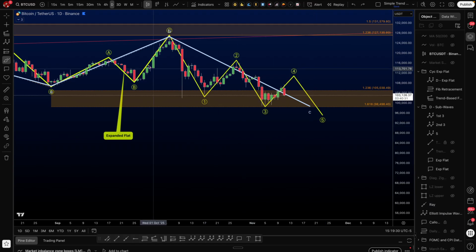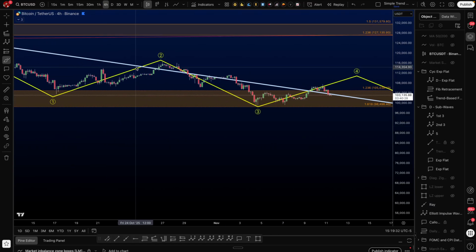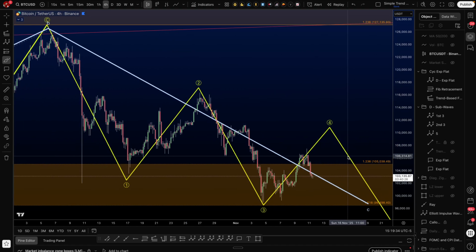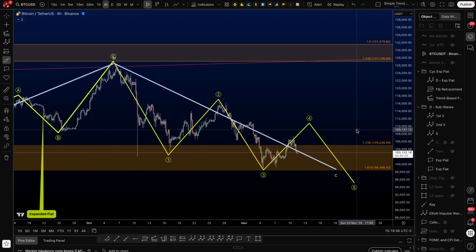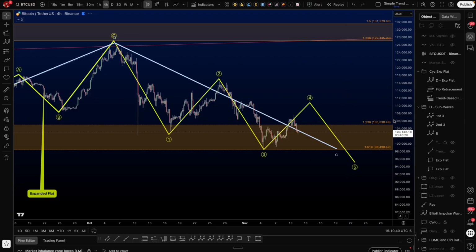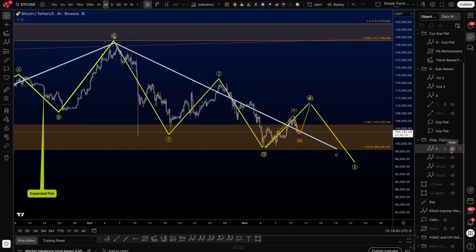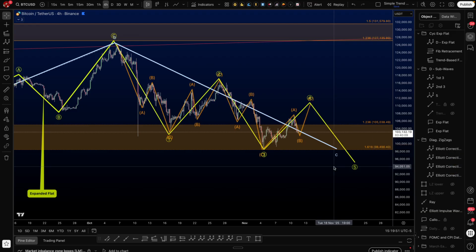But what I've got right now, so I zoomed into the 4 hour. Let me pull this up a little bit. And I started measuring, and I'm getting zigzag, zigzag, zigzag. This one I don't know yet.